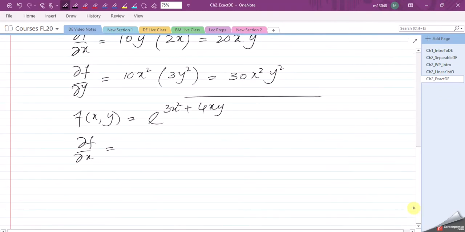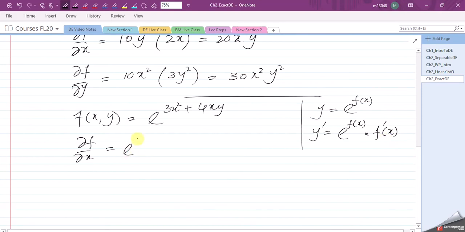What is the formula for derivative of e? If y equals e power f of x, just one variable, then y prime equals e power f of x, no change, into f prime x, chain rule.